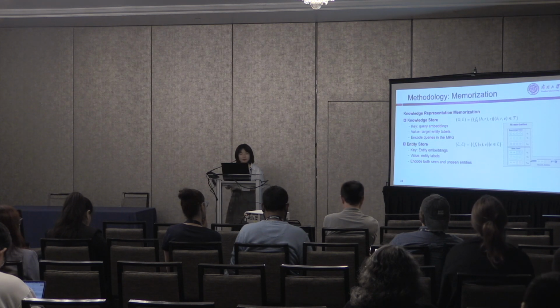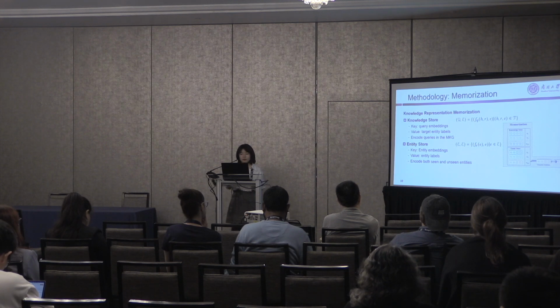In the step of memorization, we memorize the knowledge representations in two stores. The knowledge store utilizes the query embeddings as keys and their target entity labels as values, which means we can input the query embedding to the knowledge store and retrieve its target entity labels.